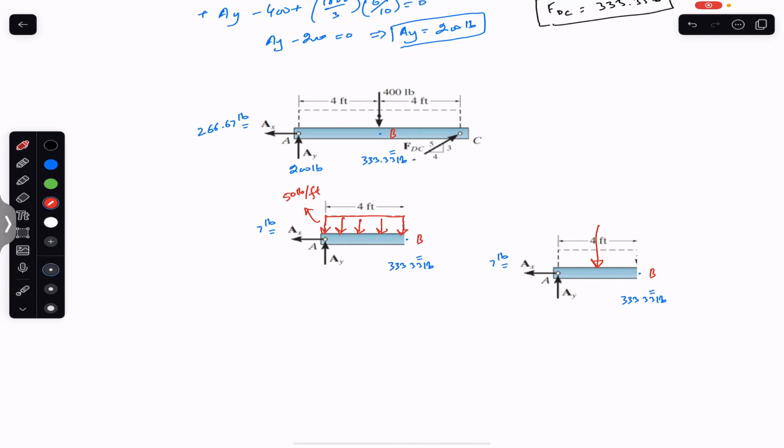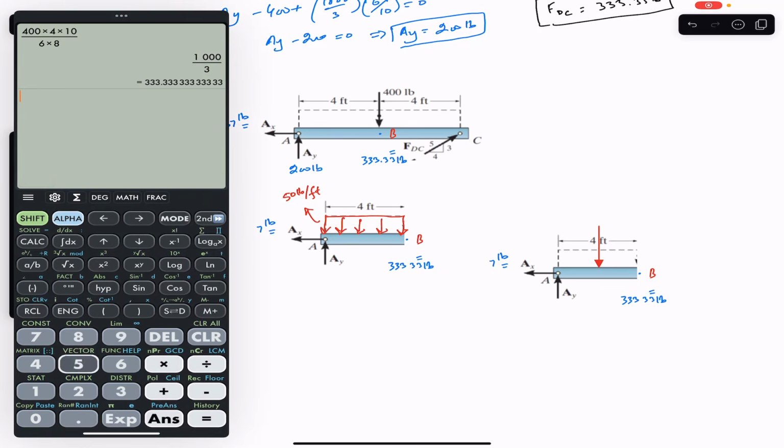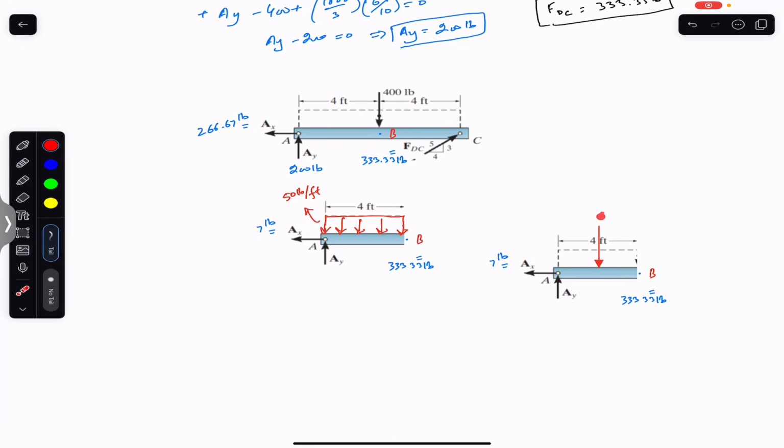It's the resultant concentrated load, and that resultant concentrated load value will be equal to the area of this particular rectangle, and the area will be equal to the height multiplied by this length. So this is 50 multiplied by 4. So now 50 multiplied by 4 is 200. So we will write 200 pounds.